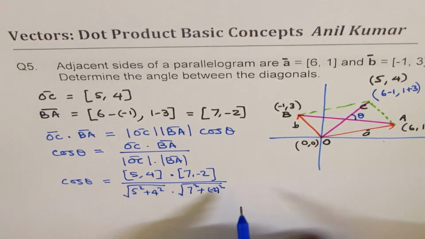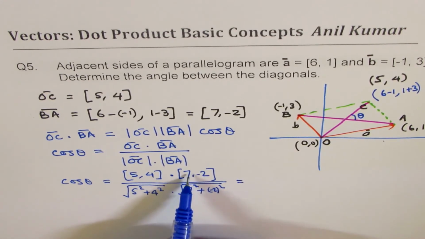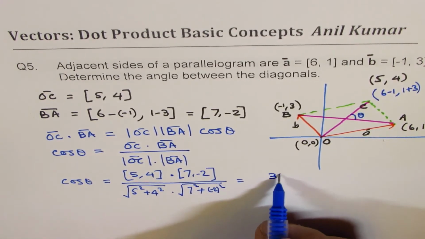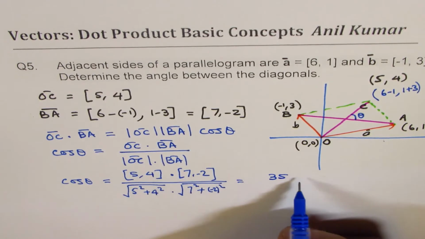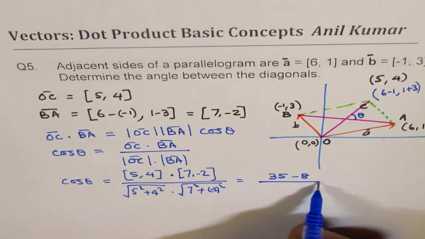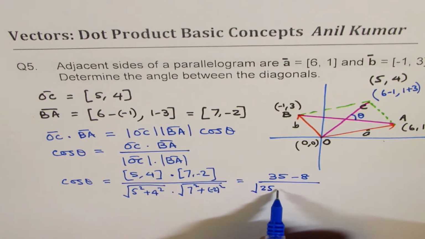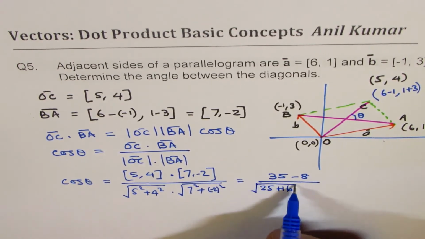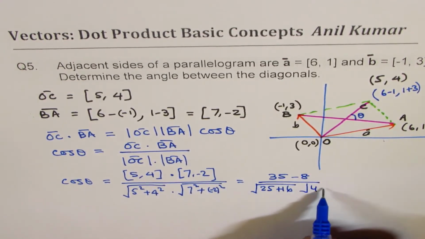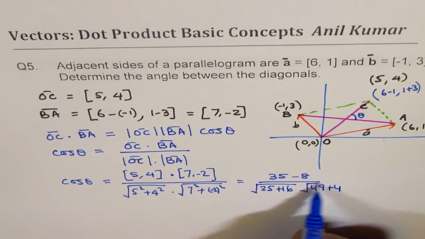Correct? Now that gives us 5 times 7 is 35, 4 times minus 2 is minus 8, divided by square root of 25 plus 16 times 49 plus 4.